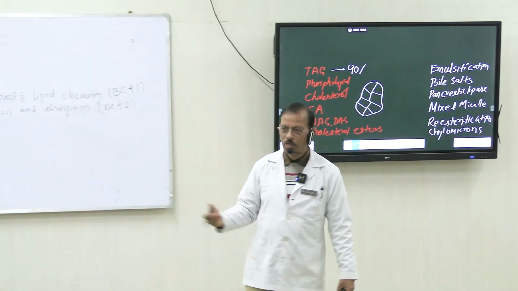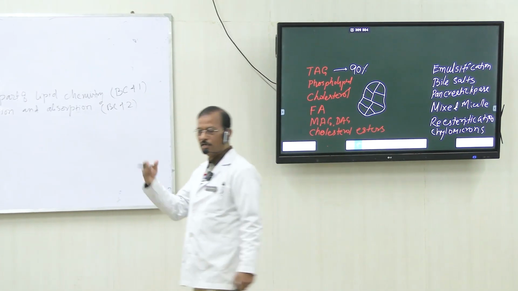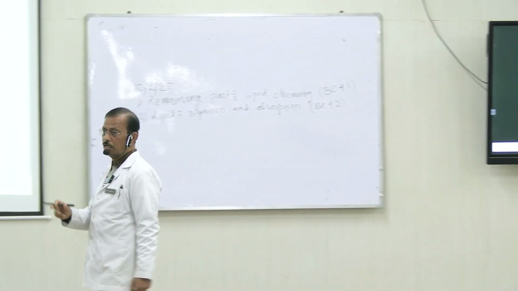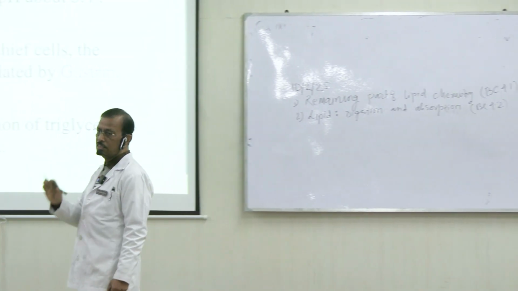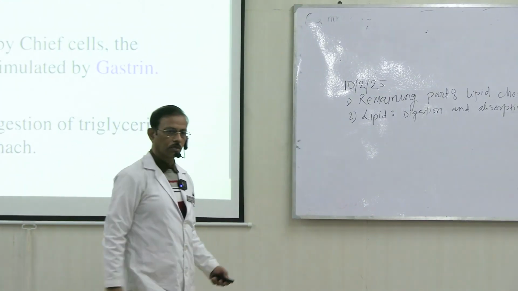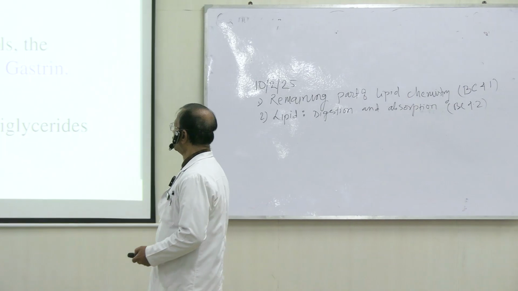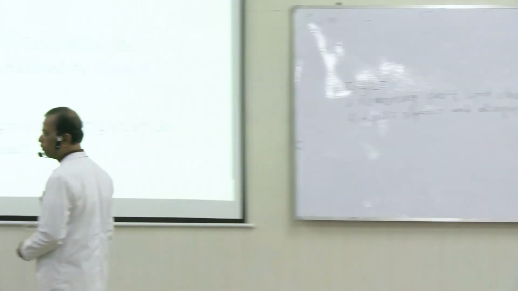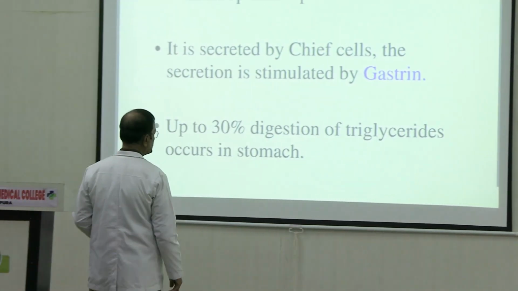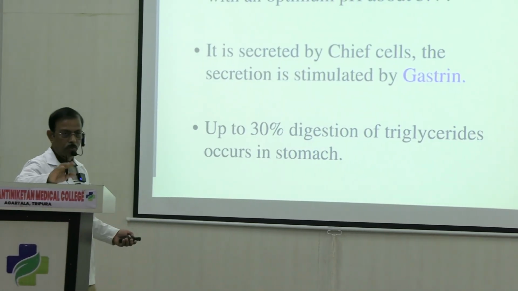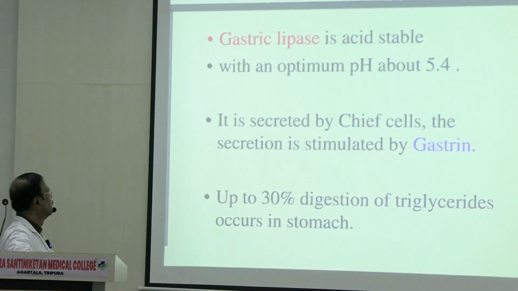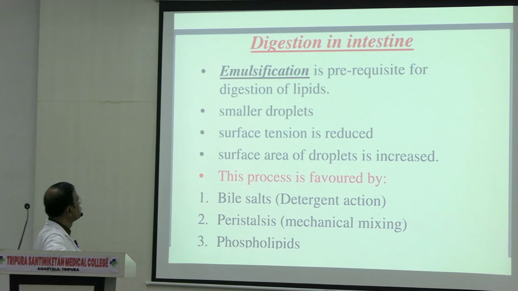It has to work further down in the intestine. So, major digestion of lipid occurs in the intestine. It is secreted by the chief cells, stimulated by the gastrin. 30% of triglyceride is digested in the stomach, but the major part is digested in the intestine.